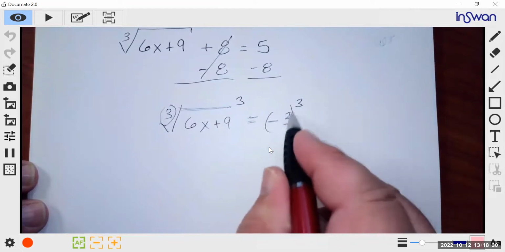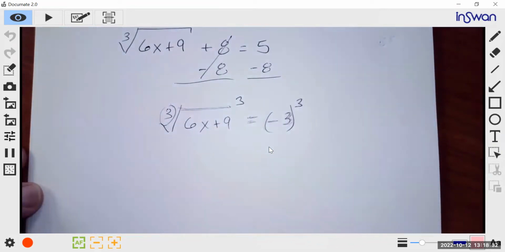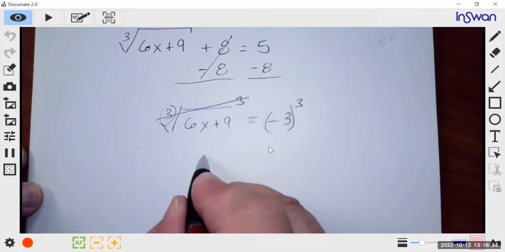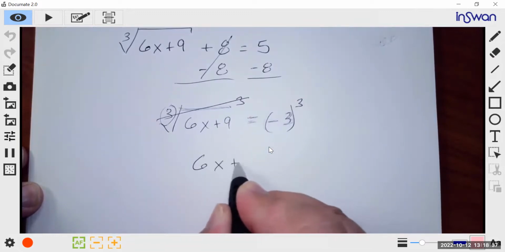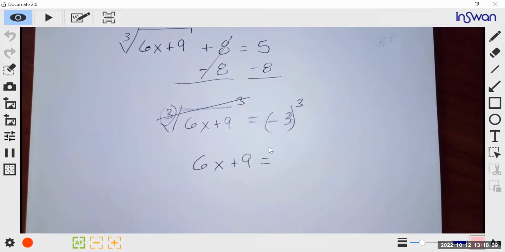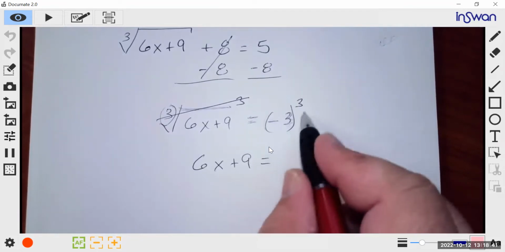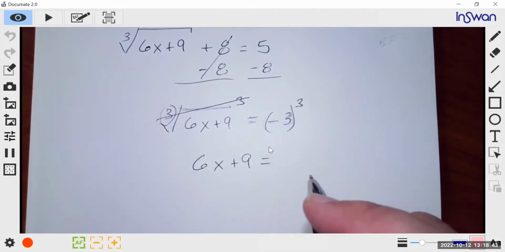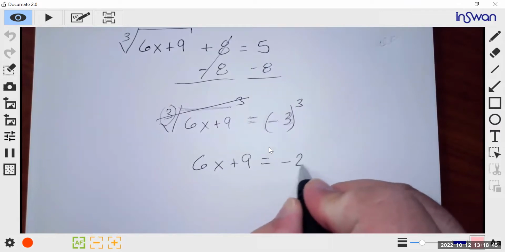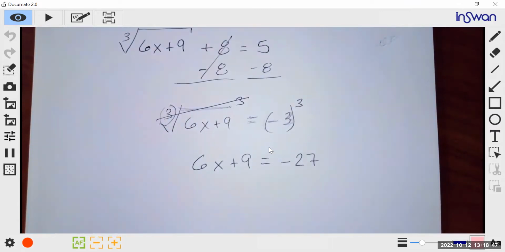Since that's a negative in front of the 3, I have to put parentheses around it. 6x plus 9. Negative 3 cubed is what? Negative 27. 3 times 3 times 3.